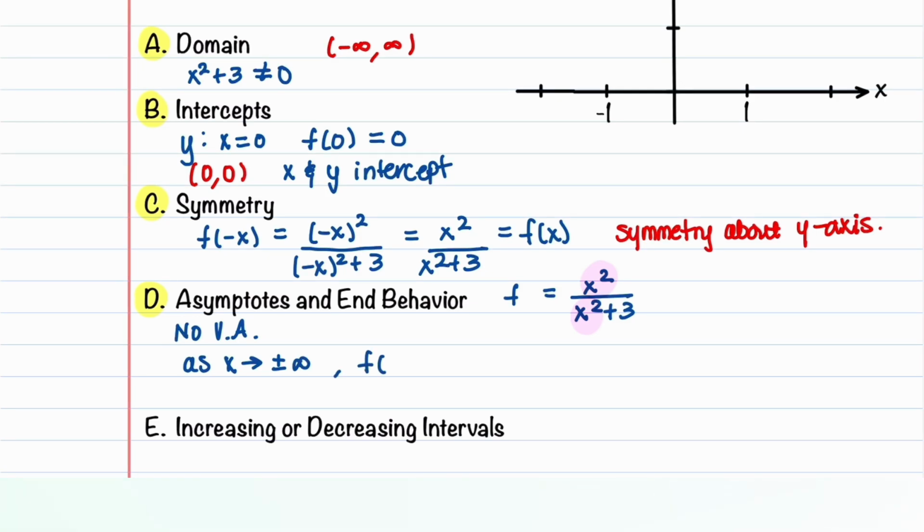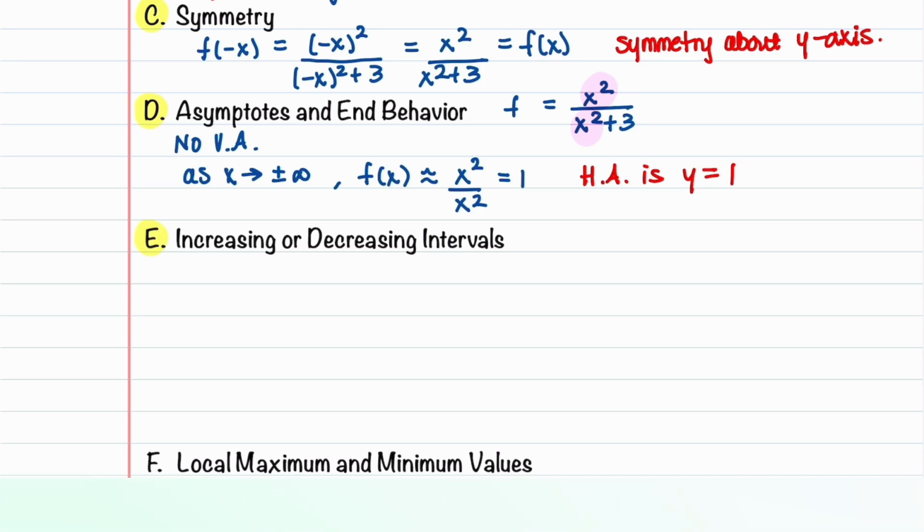We're going to do this really informally. F of x is going to look like x squared over x squared, because only the leading terms count as x gets really big. And this is equal to 1. So we can say that our horizontal asymptote is y is equal to 1.